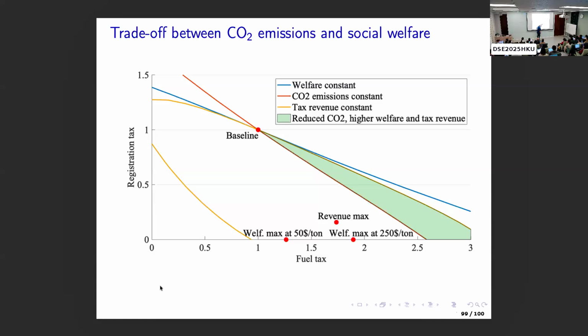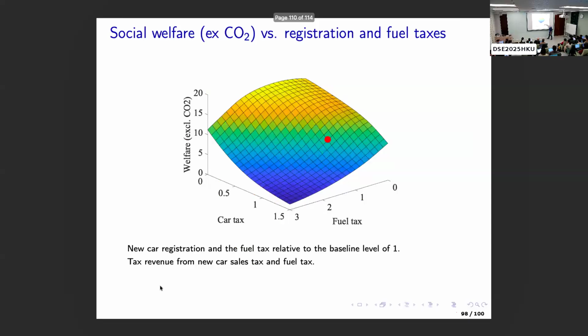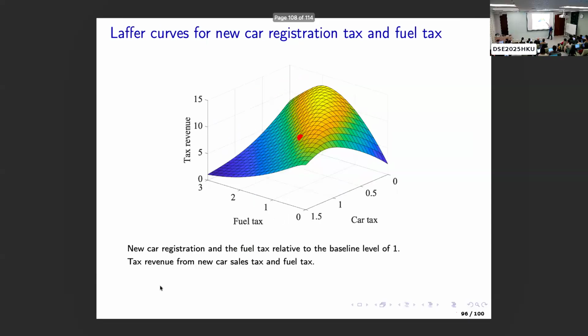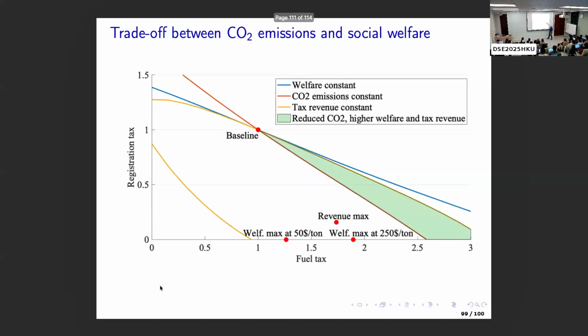Here's the revenue max. You've got to increase the fuel tax, and you've got to reduce the registration tax. That gives higher taxes. These are the contour curves of those graphs, like the Laffer curve here. Within this area, you get higher taxes, with the yellow one.